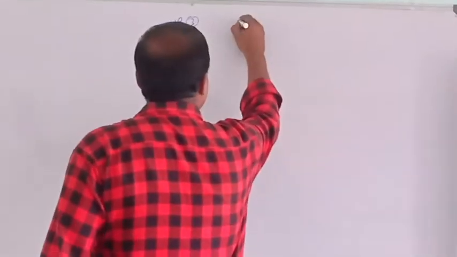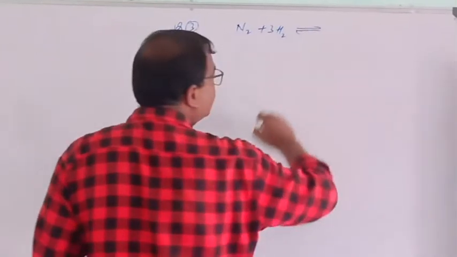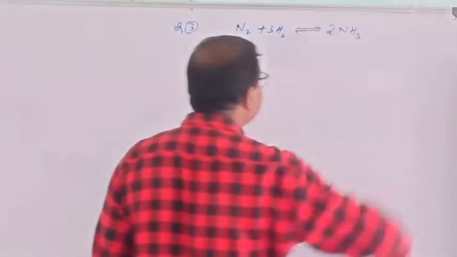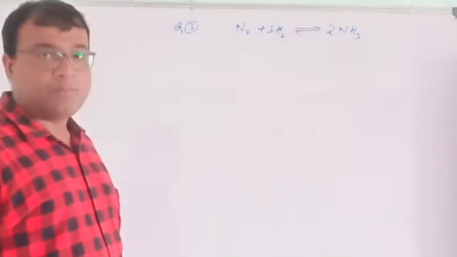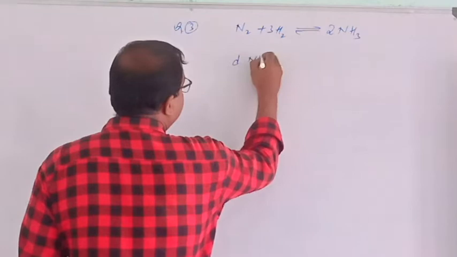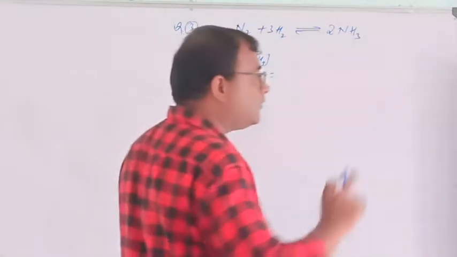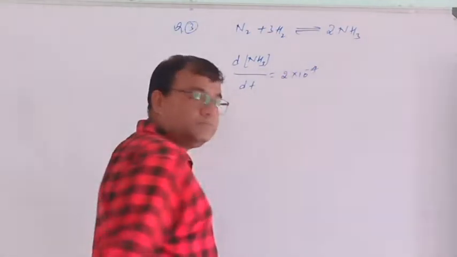Given N2 plus 3H2 gives you 2NH3. This is the given equation, formation of ammonia, where d of NH3 by dt is equal to 2 into 10 power minus 4.